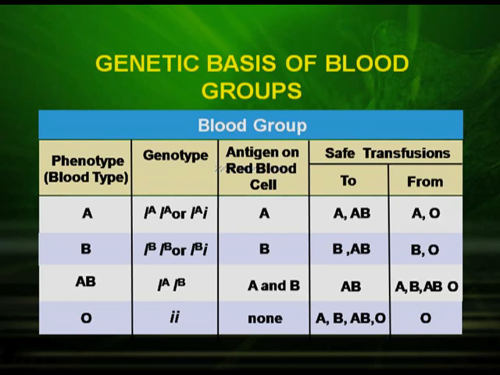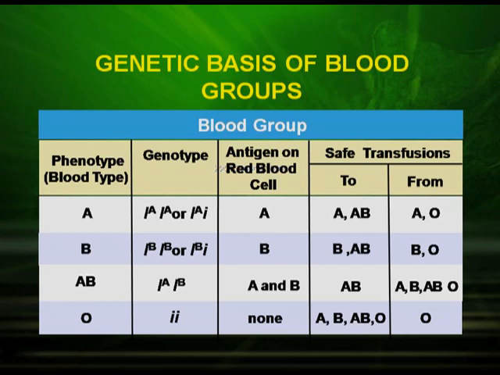The AB blood group has the genotype IA IB. On the other hand, the O blood group will have both the alleles in the recessive condition. That means when both the alleles are in the recessive condition, then we have a different phenotype and that is the O blood group.